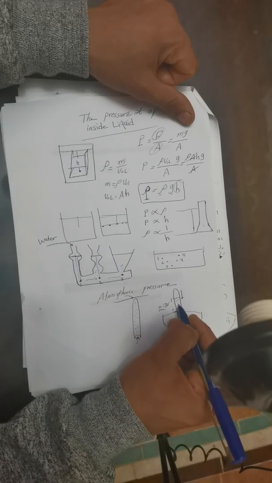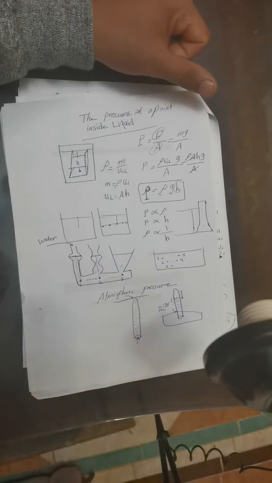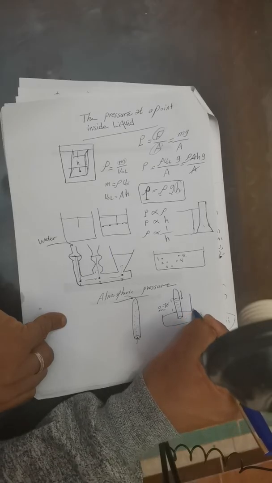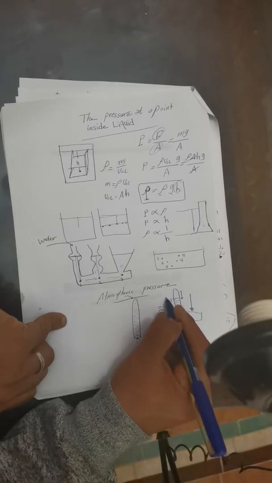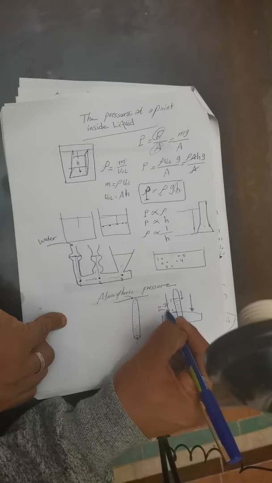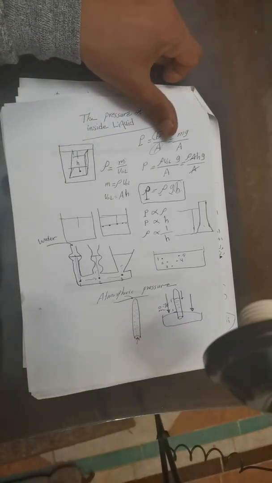What happened? The mercury stopped at this height exactly as the surface of the container, because the air pressure presses the surface of the mercury in the container.